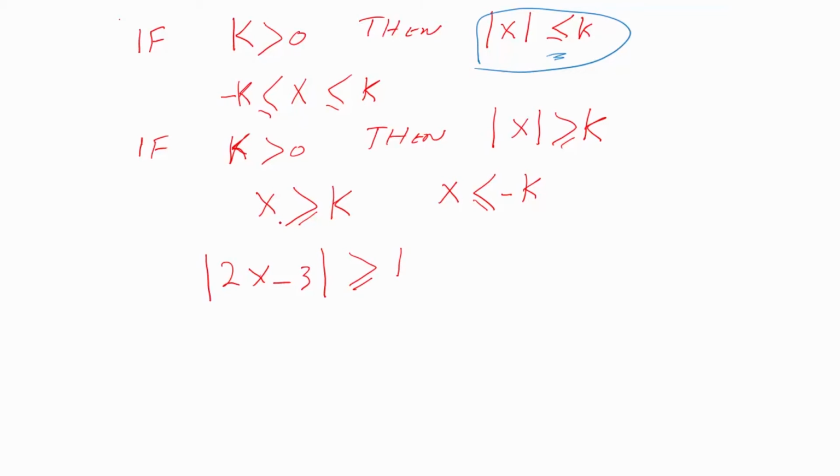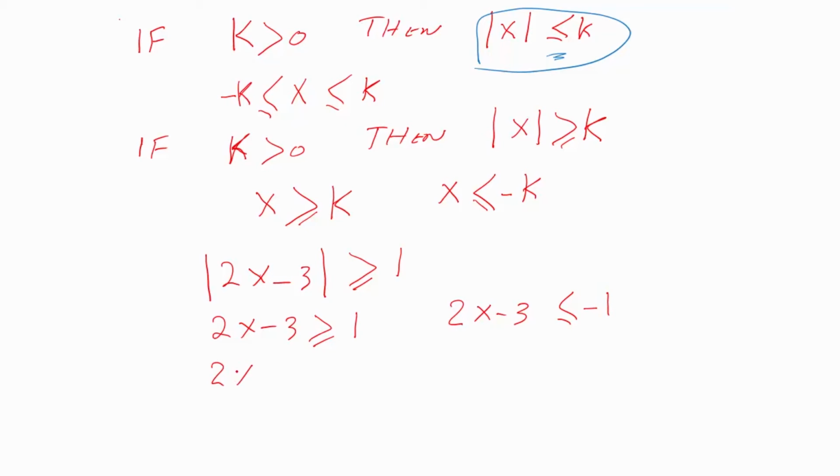So based on this, that means that what you have in between the absolute value sign, in this case this term, 2x minus 3, would either be greater than or equal to k, k is your constant, greater than or equal to 1, or 2x minus 3 is less than or equal to, as it says here, minus k, in this case, minus 1.